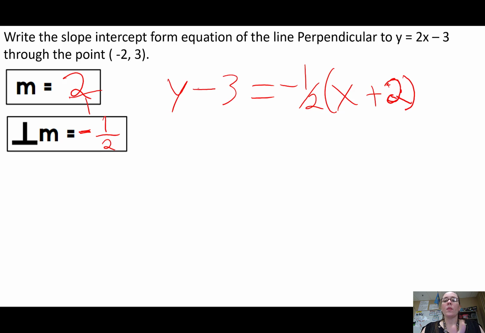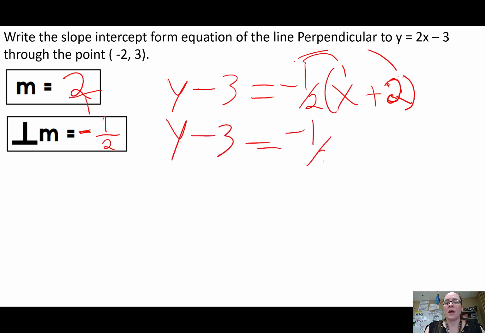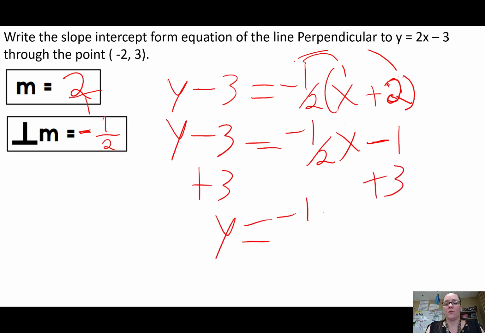Okay, so now we want this in slope-intercept, so I'm going to distribute. So we get y minus 3 is equal to negative 1/2 x. Negative 1/2 times 2 gives me a negative 1. From here, we need to add 3 to both sides, and I get y is equal to negative 1/2 x plus 2.